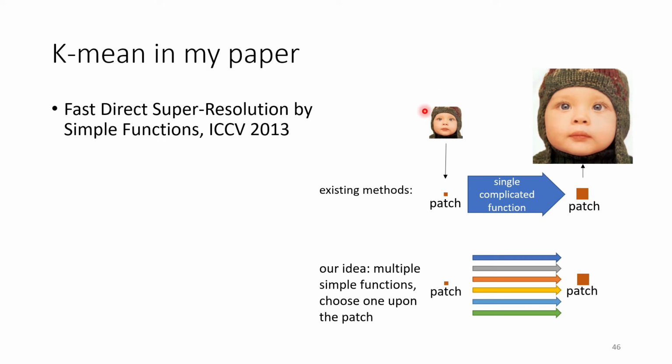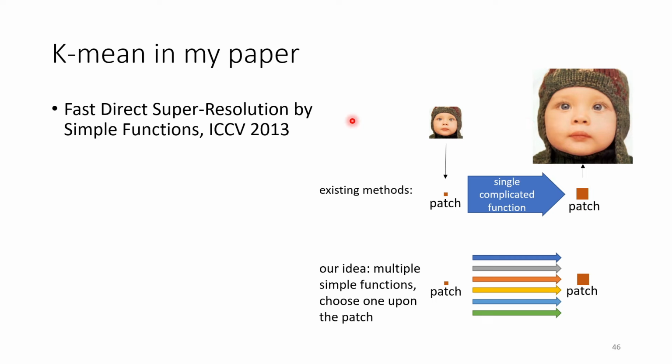At that time, the existing method, because the image usually is quite large and we cannot handle it, we crop a small region. We call it a patch, and the existing method in that year is a single complicated function to generate a high-resolution patch. And for every high-resolution patch, we can reconstruct a high-resolution image.